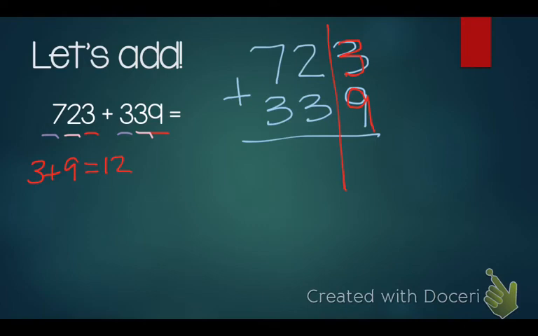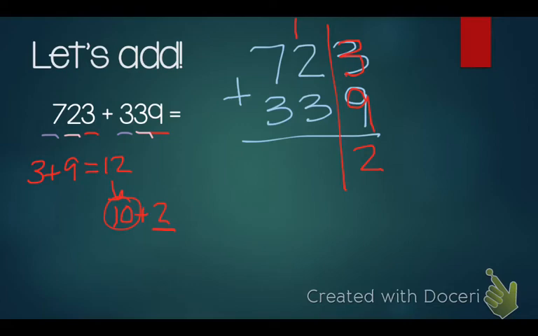So what are we going to do? Are we going to put the 1 or are we going to put the 2? Well, 12 is the same thing as 10 plus 2. And 2 is the number that we're going to place right in our column, because we're going to carry the 10 to the tens column.